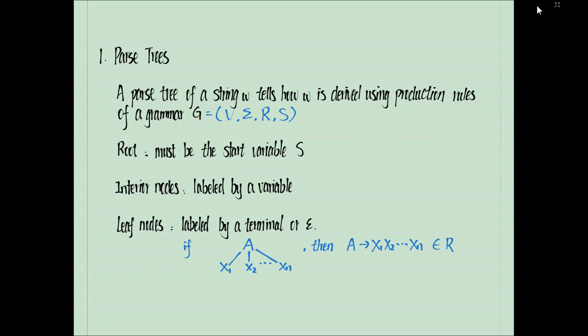If some xj is an interior node, then it's another variable. This variable can be the same as the parent node. So if we see such a structure in the parse tree, then that means there is a grammar rule A to x1, x2 through xn in the grammar. And this applies to every such structure in the parse tree.